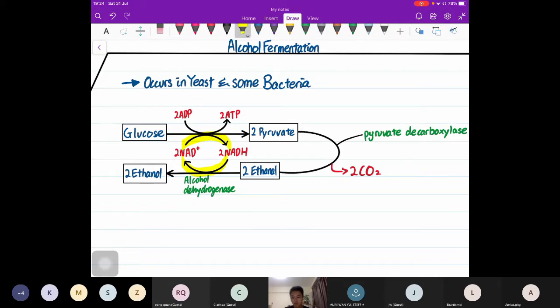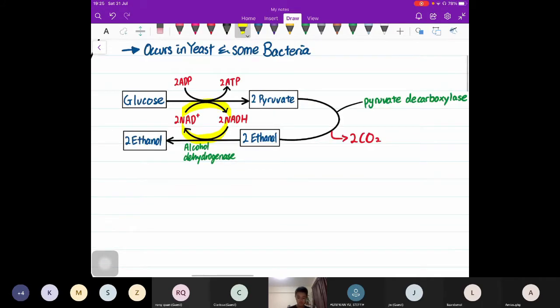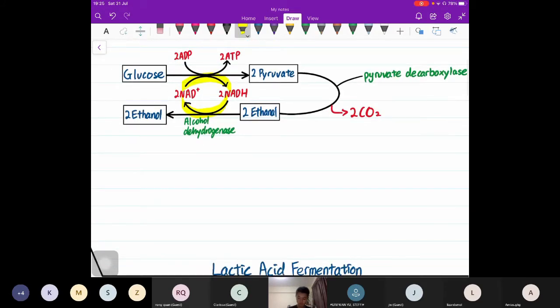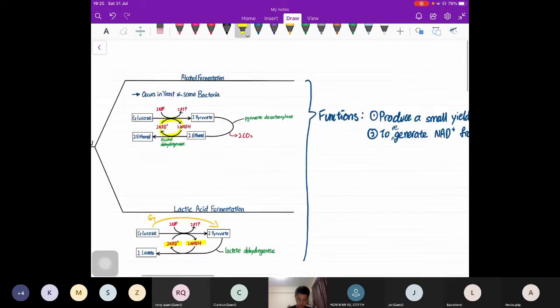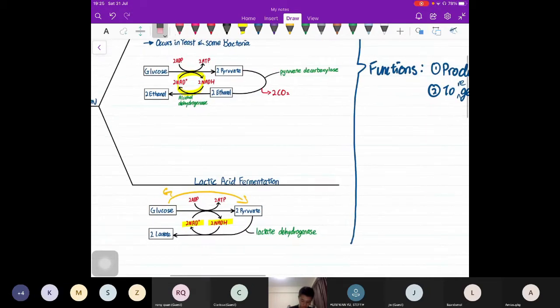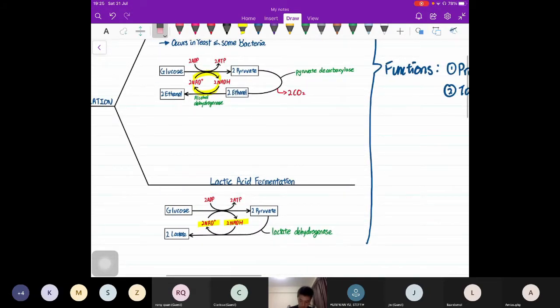But your NADH is used to reduce ethanal to ethanol, because NADH gets oxidized to NAD+, which means it reduces ethanal to ethanol. You can take a screenshot if you want to.